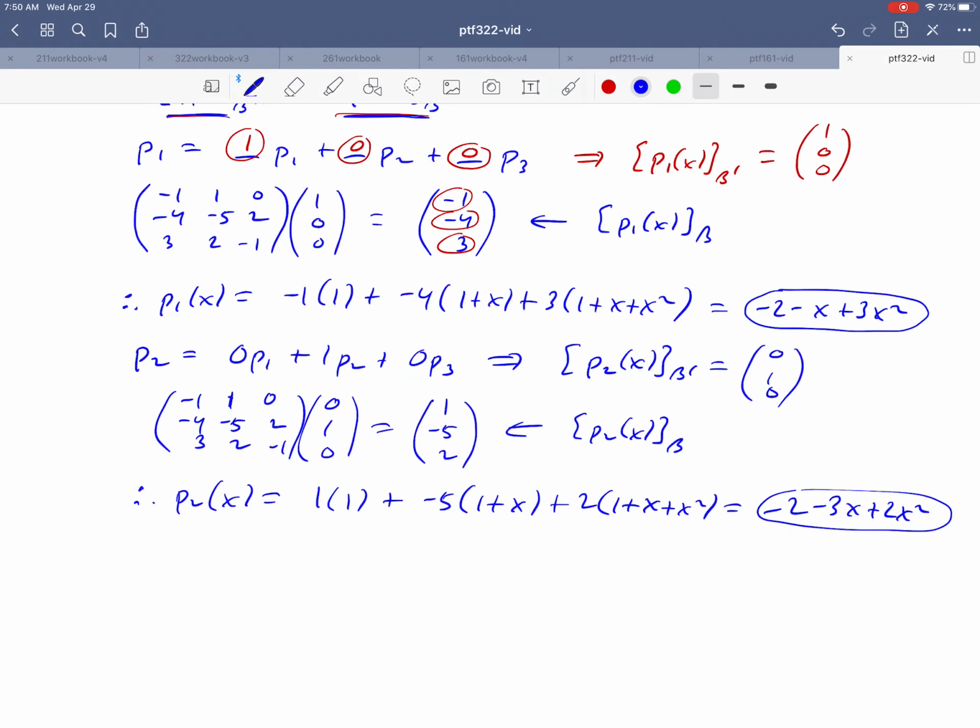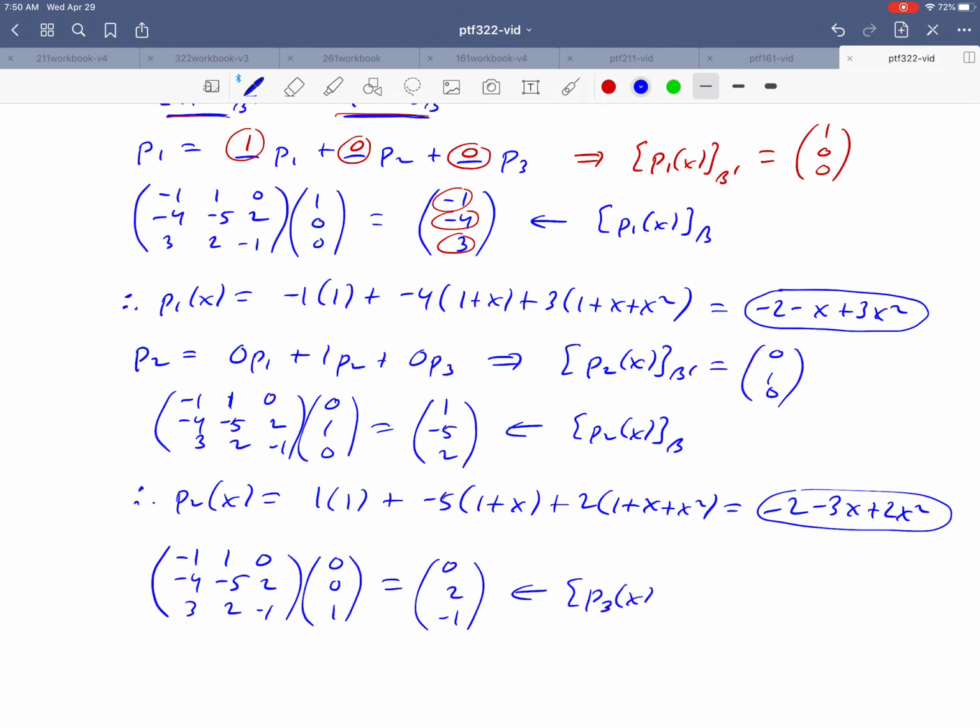You might have noticed a pattern by now. To get p3, the first step is to take that change of coordinate matrix and multiply it this time by the coordinate vector of p3 relative to the unknown basis. That's going to be 0, 0, 1, which produces the third column in our matrix.